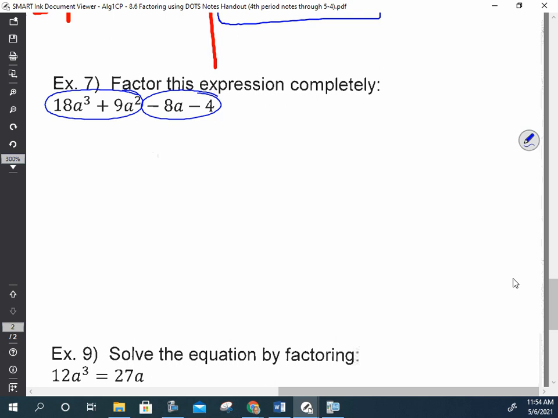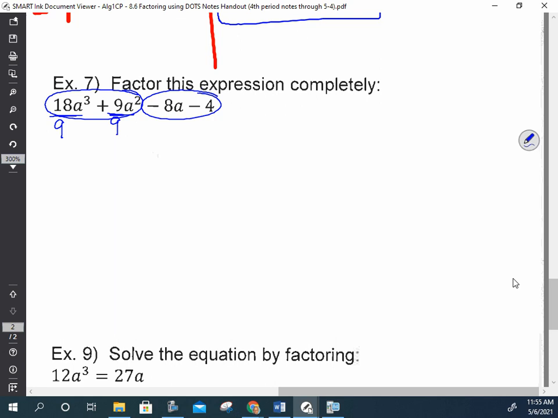Look at your first group. What can I divide out of 18 and 9? You have 18 and you have a 9. What can I divide out of both? I can do better than that. 9. So you can divide out 9. Can I take out a variable?